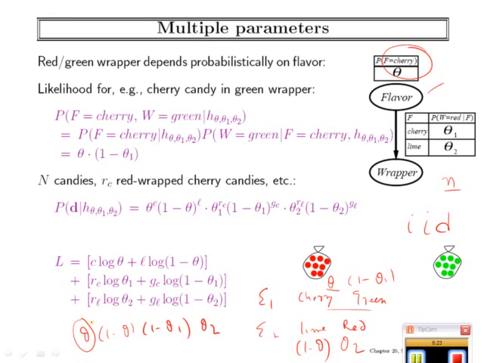So theta would ultimately be multiplied C times, where C is the number of cherry candies, and 1 minus theta would be multiplied L times, where L is the number of limes. Then the other terms come in. 1 minus theta 1 counts the green-wrappered cherries: every time you find a green-wrappered cherry, you have to throw in a 1 minus theta 1.